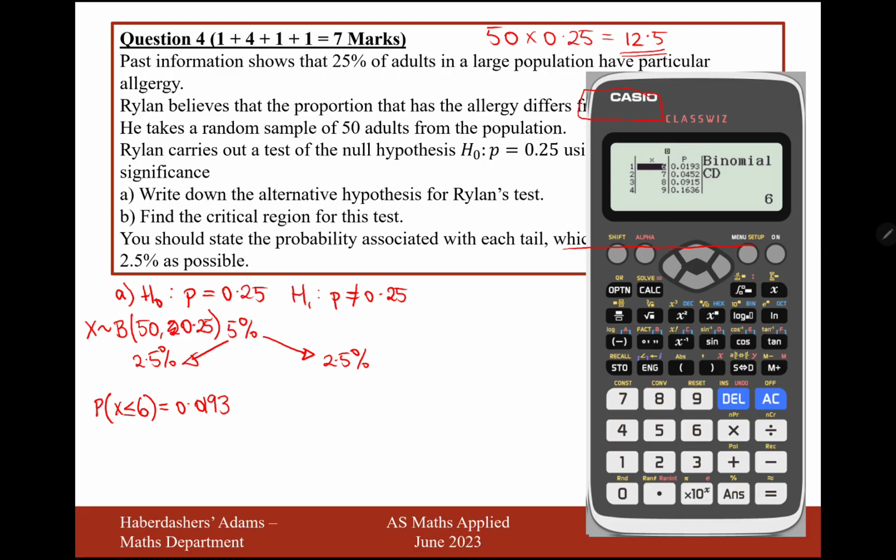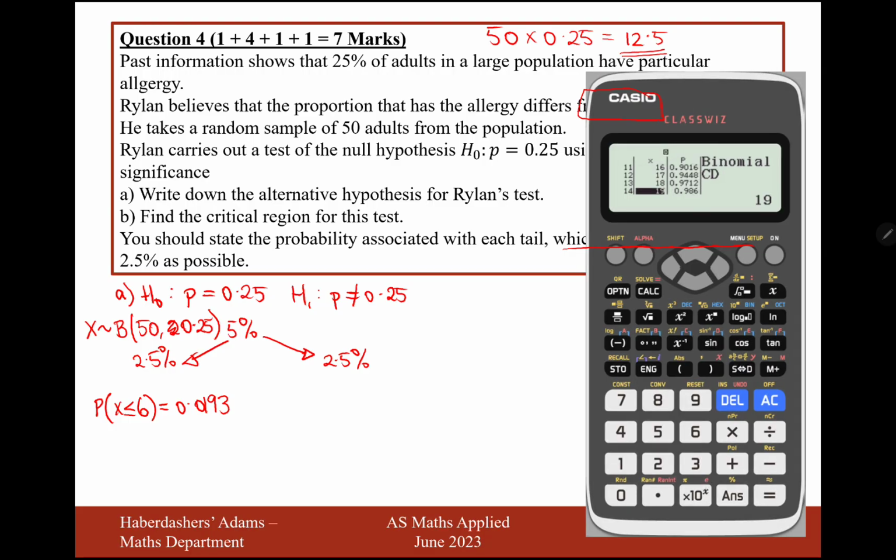Now let's go to the upper bound, and we want to find the first time that it gets close to 2.5%. In this question we have 18 people or fewer is 0.9712. That's pretty close to 97.5%. And the probability of 19 or fewer is 0.986.